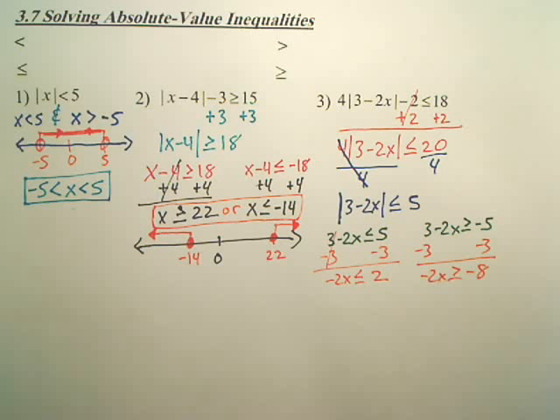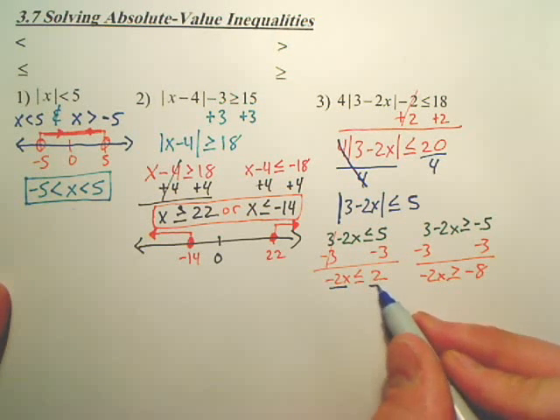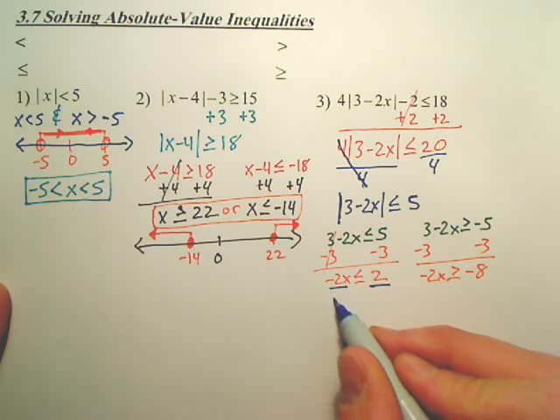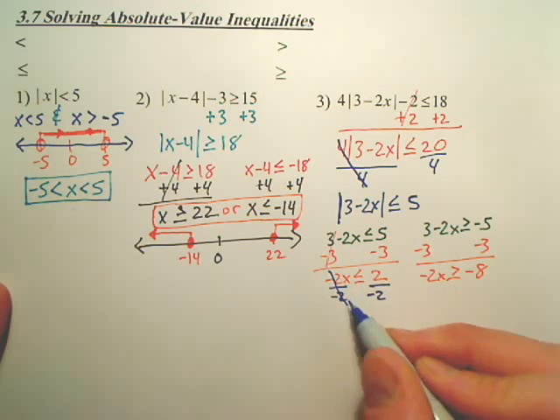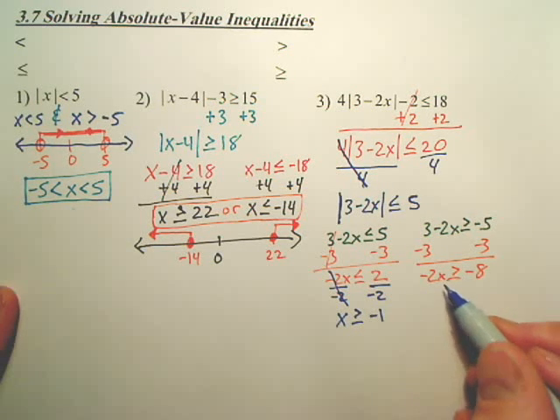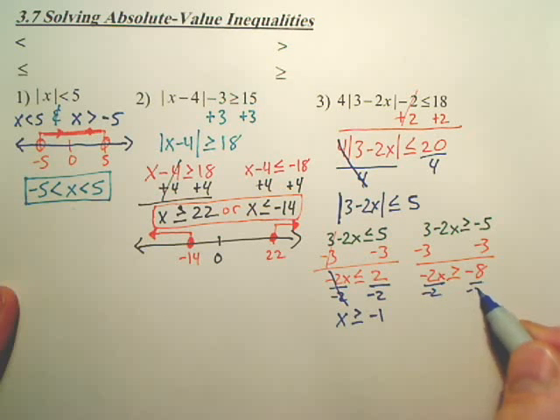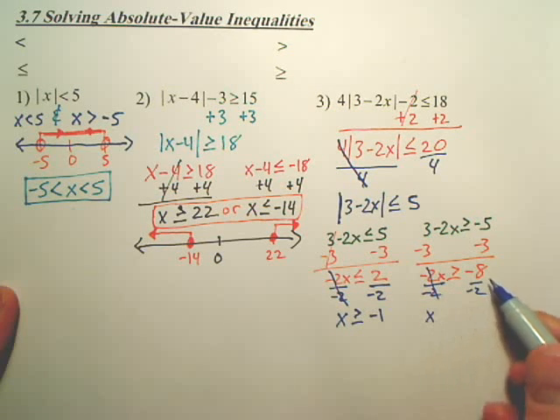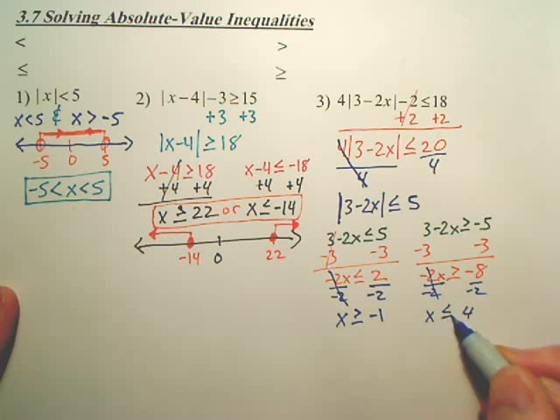Okay. Now, next step in solving this is I'm going to divide by what? Divide by negative 2. That becomes a negative 1, but my sign flips because I divided by a negative. Divide over here by negative 2. That becomes a 4, but my sign flips.